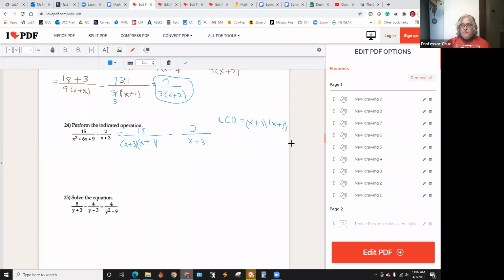We have to have the double. So this one already has the LCD, so we don't need to fool with that one. And then this is going to be minus 2 times the factor this one is missing. This one is missing the x plus 3 over there.